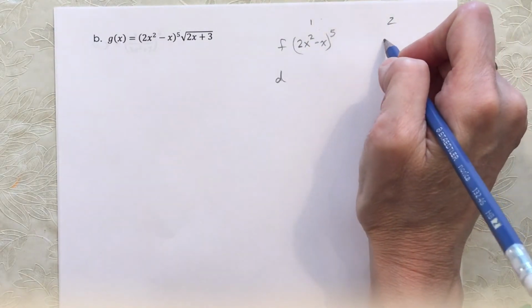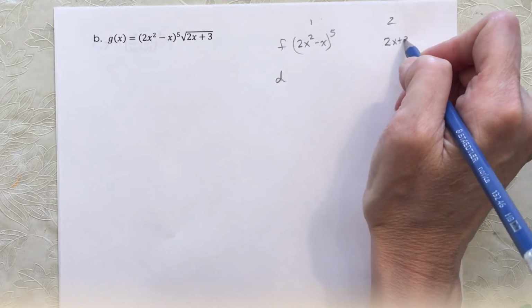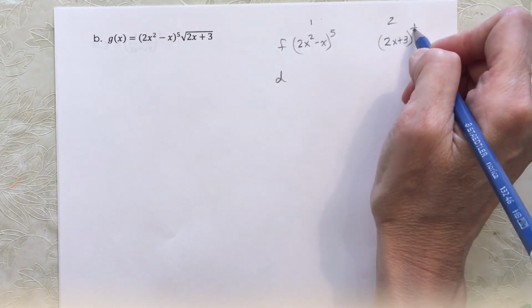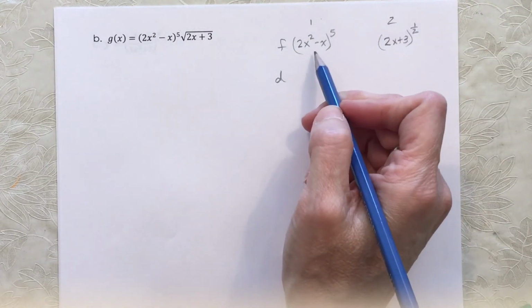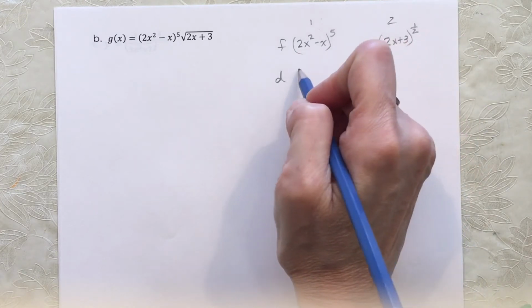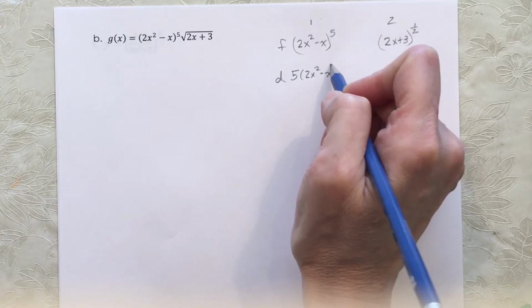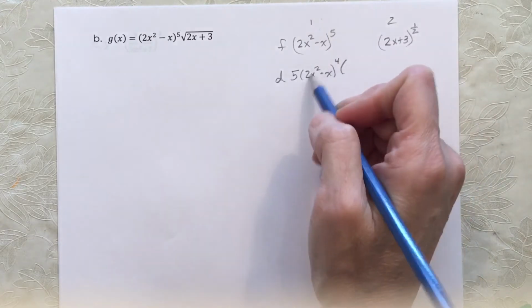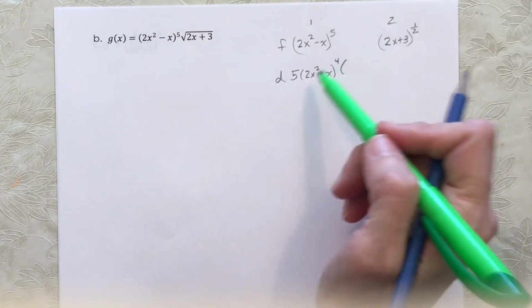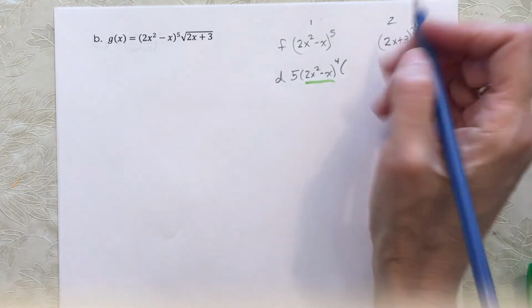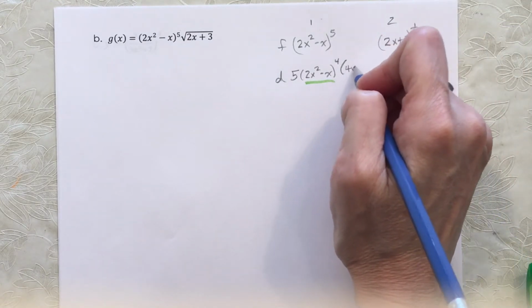And our second function is (2x plus 3) to the 1/2. The derivative of the first one is going to be 5 times (2x squared minus x) to the 4th times the inner derivative here, which is 4x minus 1.